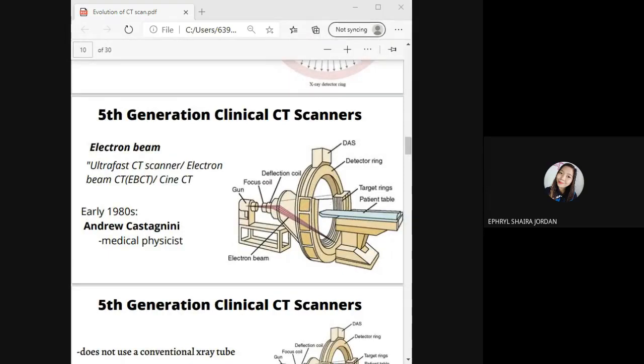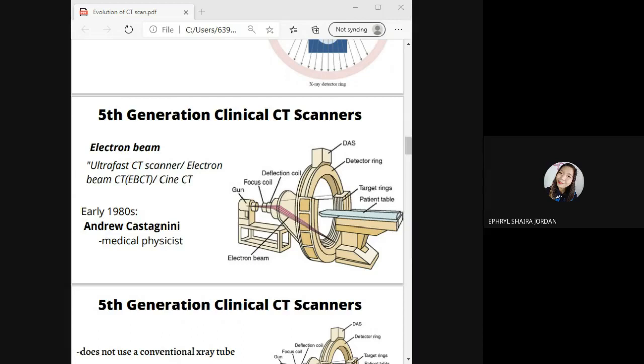So we all know that both third and fourth generation scanners are ultimately limited in their ability to decrease scan time, diba? And the maximum rotation speed of the gantry is limited by the maximum centripetal force it is possible for the equipment to experience. So in the early 1980s, the fifth generation CT scanner was invented specifically for inspection of patients' hearts.